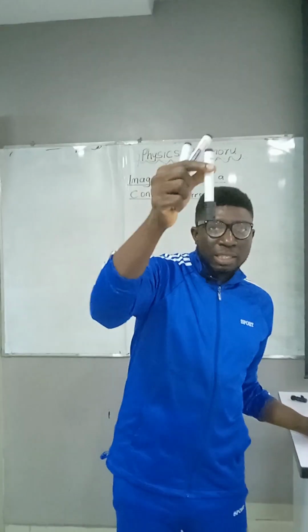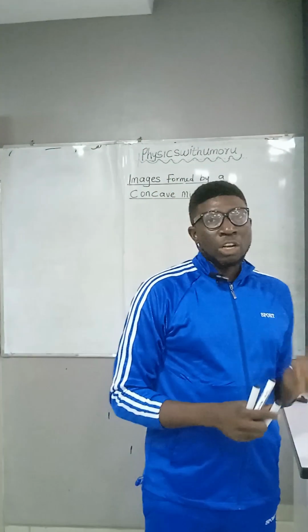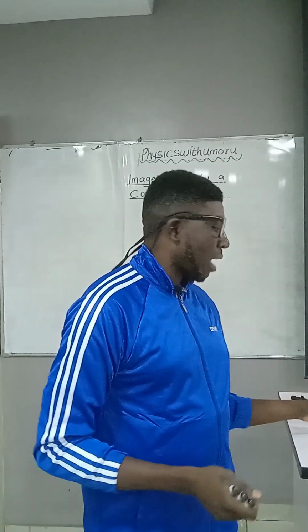If this marker is placed this way in front of the mirror, this is exactly what you are going to see in the mirror. Another property of the image formed by a plane mirror is that the size of the image is the same as the size of the object. It's not going to enlarge it. It's not going to reduce the size. The size of the image is always the same as the size of the object standing in front of the mirror.